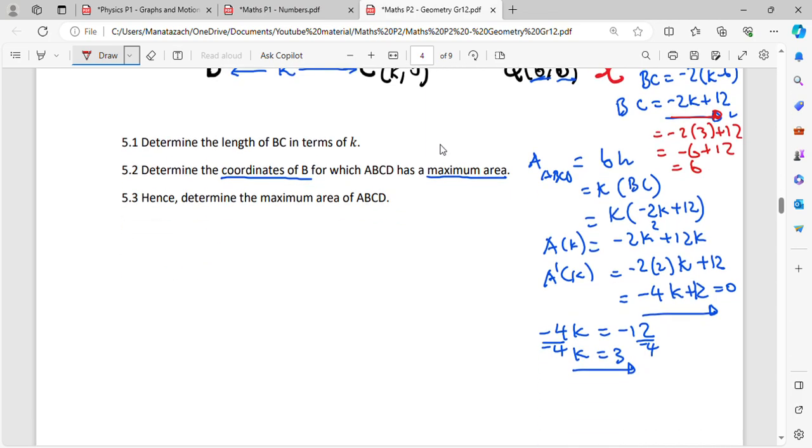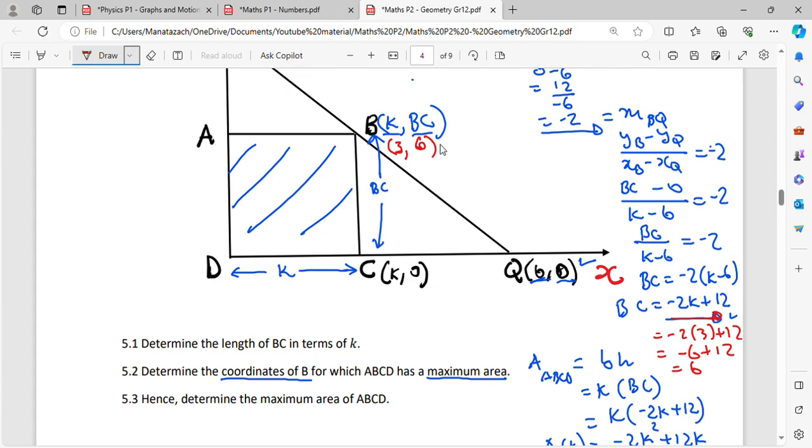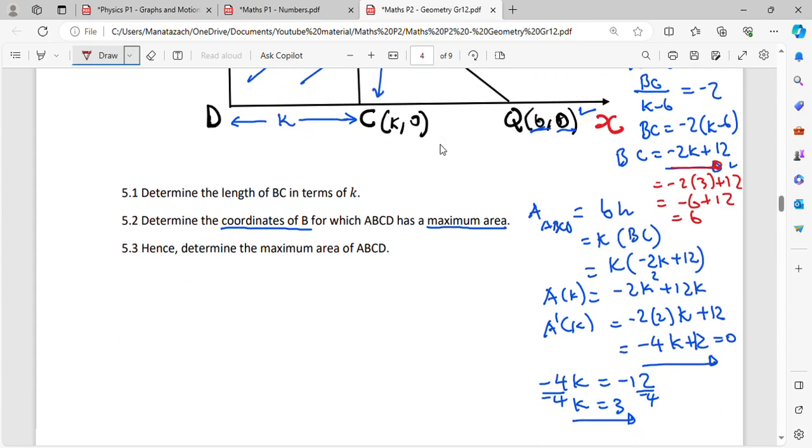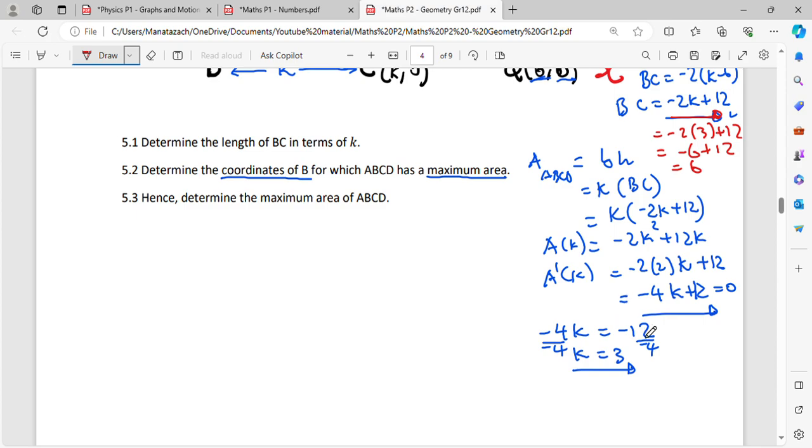Now let's do question 3. Determine the maximum area for ABCD. We've already worked out the formula of the area in terms of K. Now let's replace K by 3, since K is 3 where the area will be maximum. First write out the general formula for the area, and then replace K by 3.